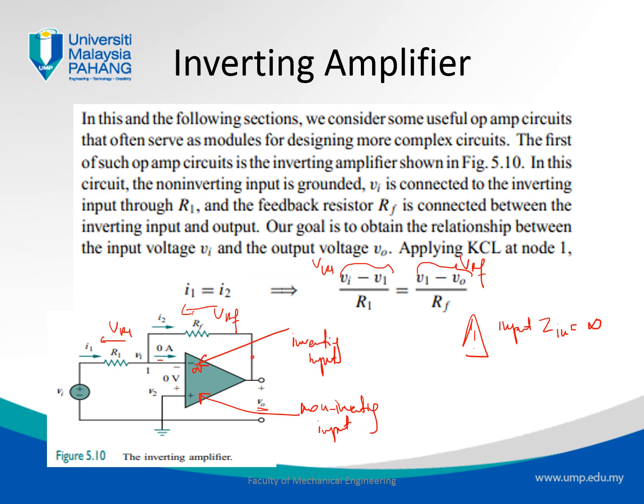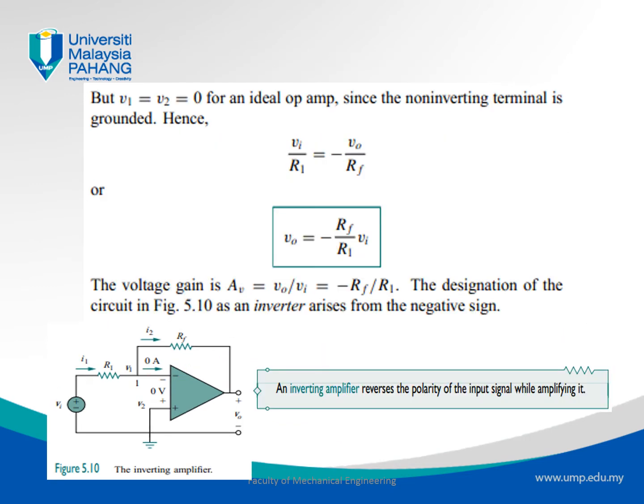Next, what we can do once we have this: we also know that V1 and V2 equal 0 for an ideal operational amplifier. Let me explain this a bit. We have the inverting terminal and the non-inverting terminal.